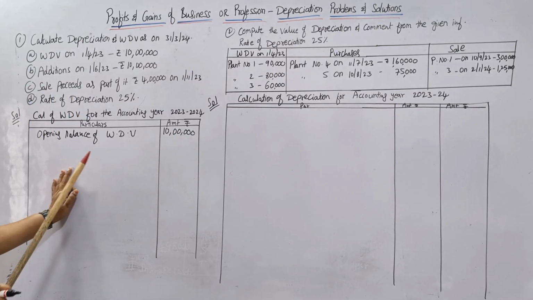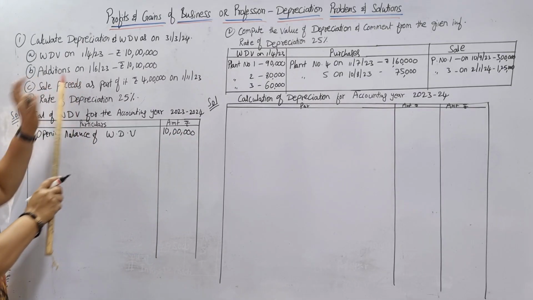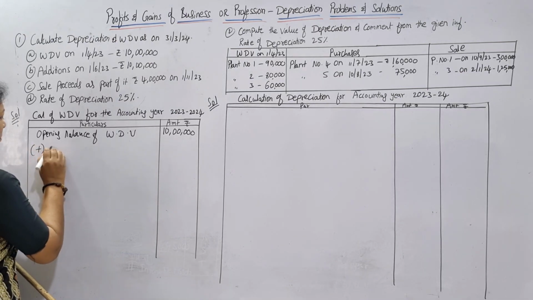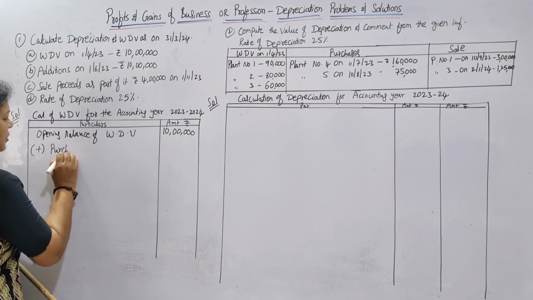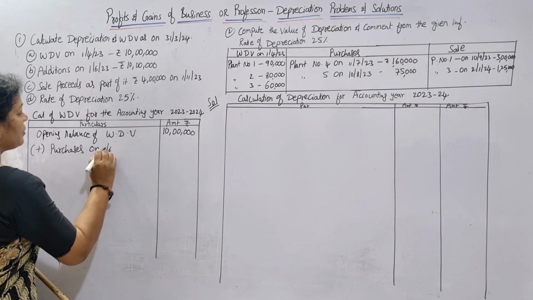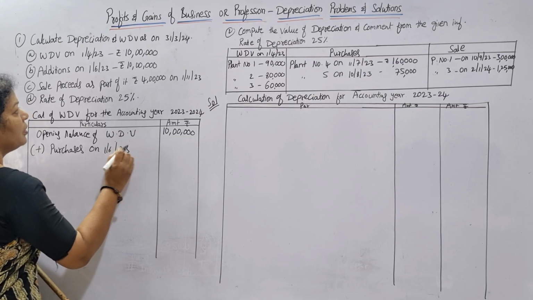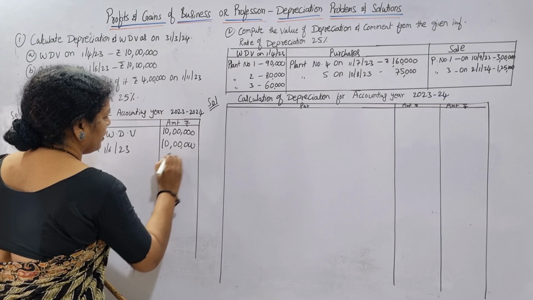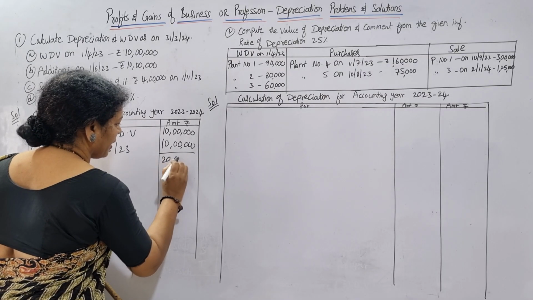To this, if any purchases are there, we'll add. Additions means this is purchases only. We are going to add this. Add purchases. Purchases on 1/6/23. How many purchases are there? Once again 10 lakh. If we add, we are getting 20 lakh.